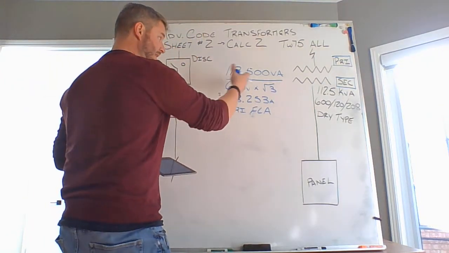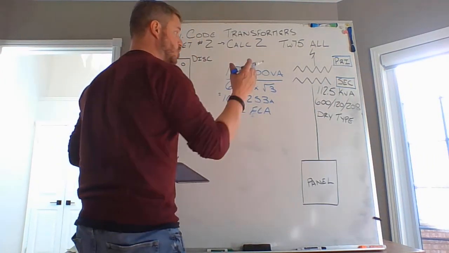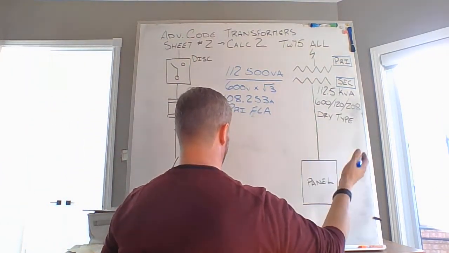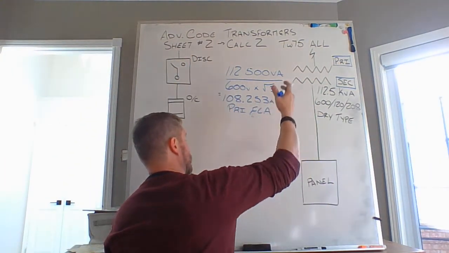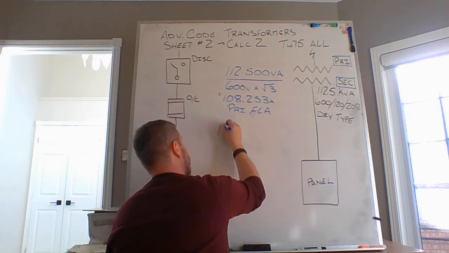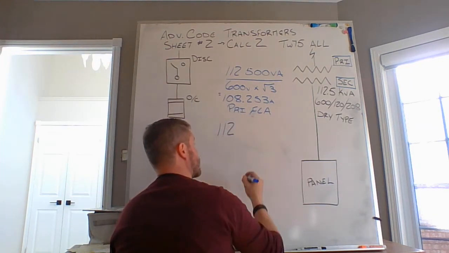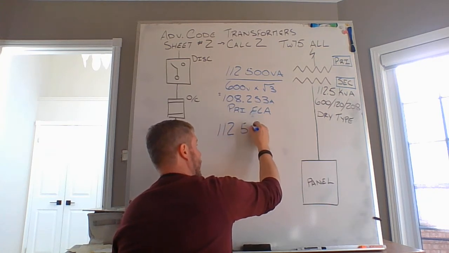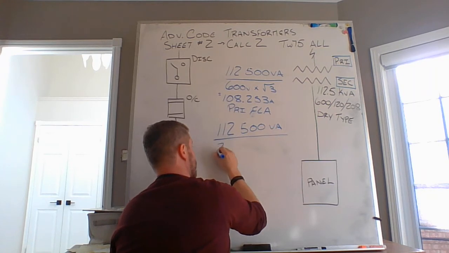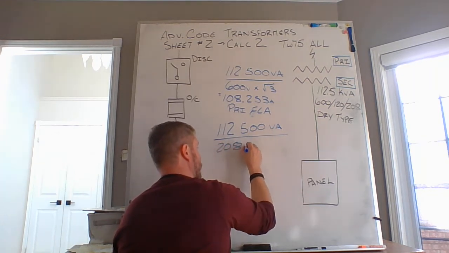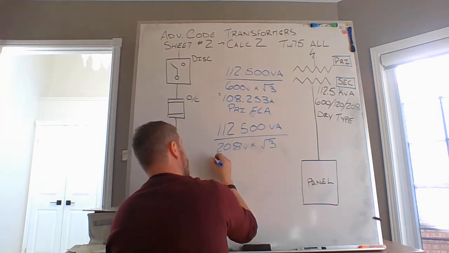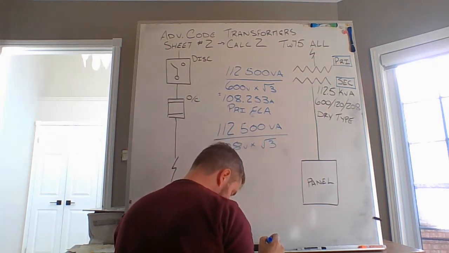We can do almost exactly the same calculation to determine my secondary current. At that point in time, primary current equals secondary current, primary kVA equals secondary kVA. I have the same 112,500 VA, divided by 208 volts multiplied by the square root of 3, or 1.73, whatever values you choose to use.